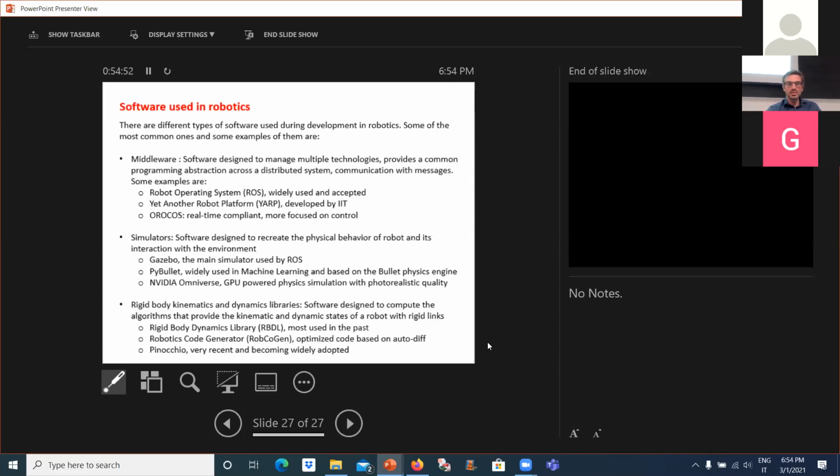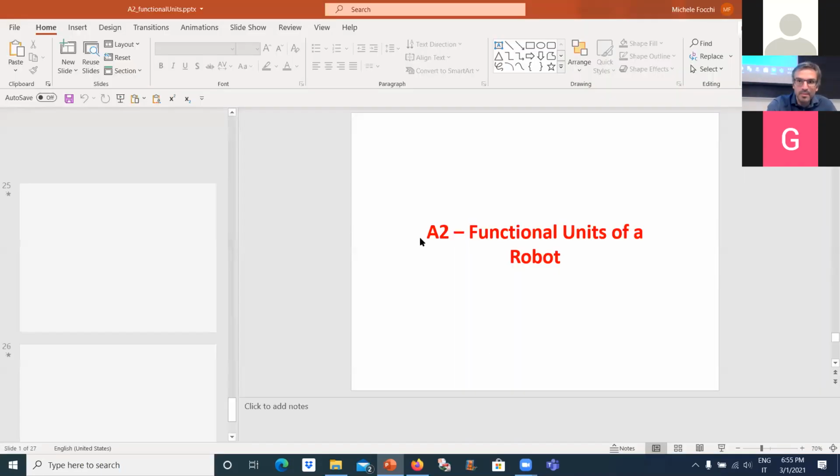And Pinocchio is becoming very, very famous, and you will have this in your lab. It provides not only kinematics and dynamics, but also the derivatives with symbolic differentiation, not auto differentiation, and it is based on the URDF. So it's the most used right now. And this part is finished.